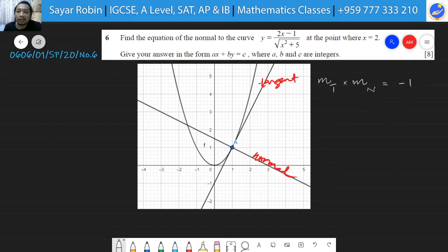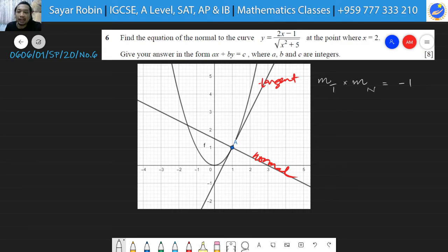If you can find the gradient of the tangent, you can easily write down the gradient of the normal. Finding the gradient of the tangent is easy. You just need to differentiate the parent function, or the given function. After that, you have to substitute the point at which you want to find the tangent line.